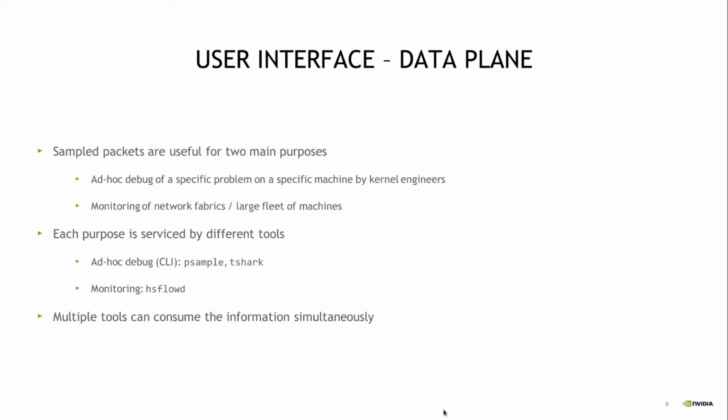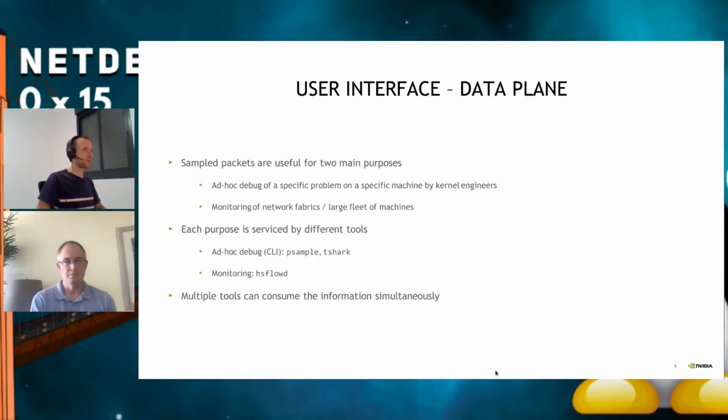For ad hoc debugging, we have command line tools such as psample and tshark that I'm going to cover in the next few slides. While for monitoring purposes, we have tools such as sFlow that Neil is going to cover in the second part of the presentation. And given the multicast nature of netlink notifications, multiple tools can consume the information simultaneously.